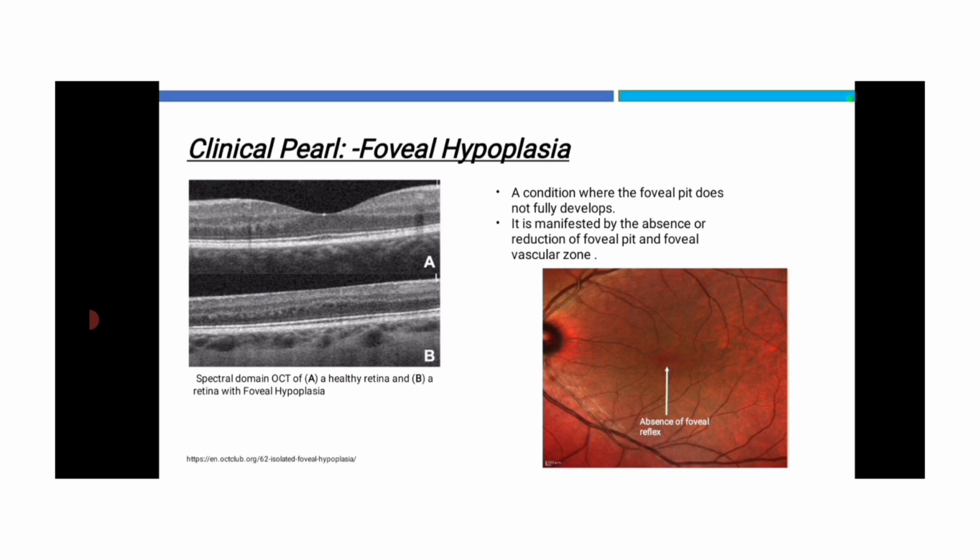You can see in the OCT picture on the left side that in a normal human there is a pit present in the foveal region, but in the OCT picture below that you can see there is absence of pit. On the right side you will also see there is absence of foveal reflex, which we can see in case of a normal patient.